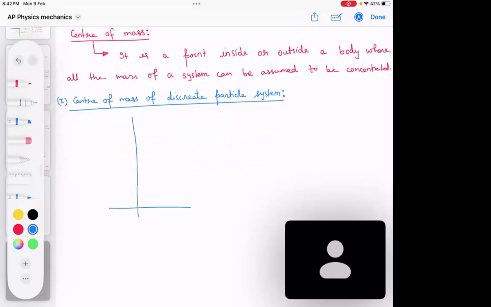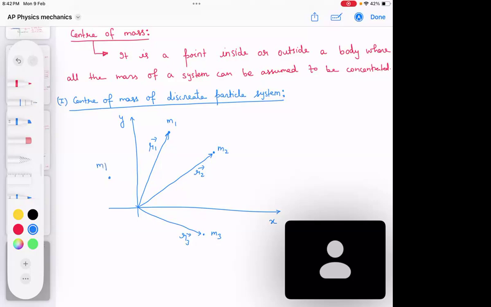of that arrangement. Okay, so let's say we have an x-axis and y-axis. Let's say the particle m1 is located at this point. So this particle must have a position vector, isn't it? There is another particle, let's call it m2. Its position vector is r2. There is a third particle here, m3. Its position vector is r3.